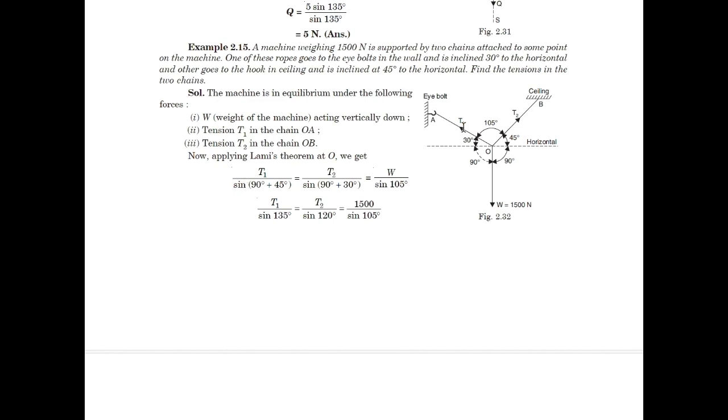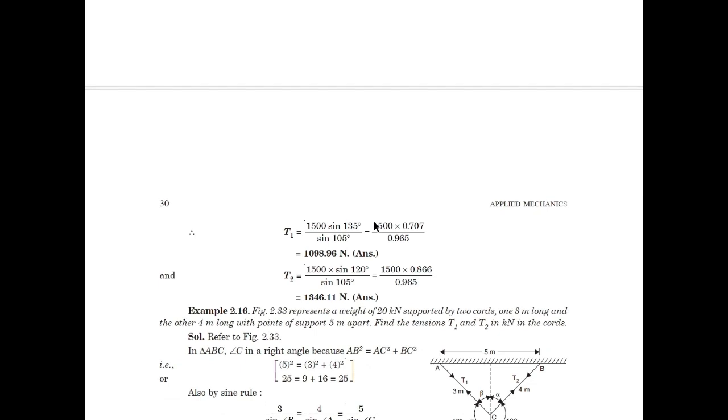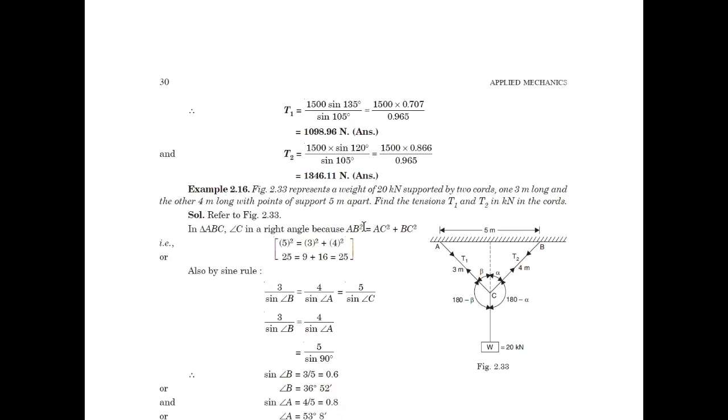T1 divided by sine of the angle between the other two, which is 90 plus 45, which is 135, is equal to T2 divided by sine of the angle between the other two, which is 90 plus 30, which is 120, and equal to 1500 divided by sine of the remaining angle, because this is 180 minus 30 minus 45. If you reduce this, it becomes 105. So this is the equation, and we can easily find the result of T1 and T2.